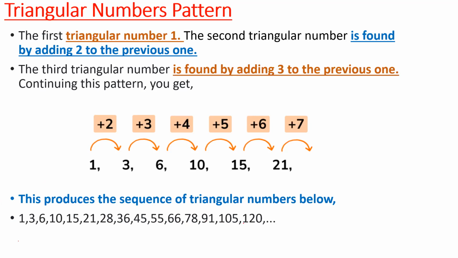We got 28 because if you look carefully, this is 21, then we add 7 to 21. What is 7 plus 21? 28. So 7 plus 21 is 28, and that's how we get that.